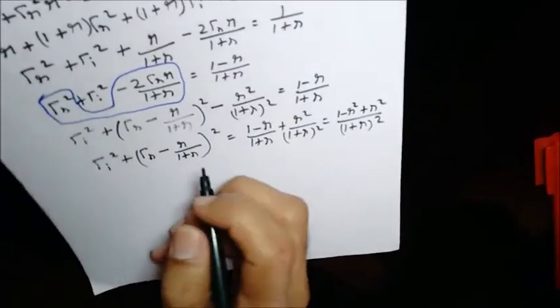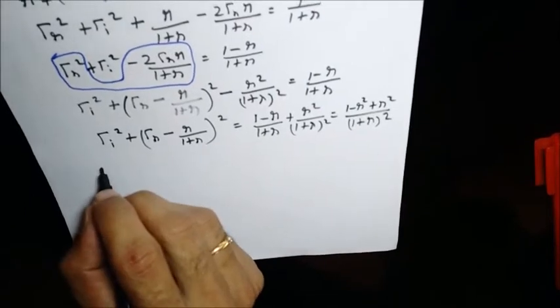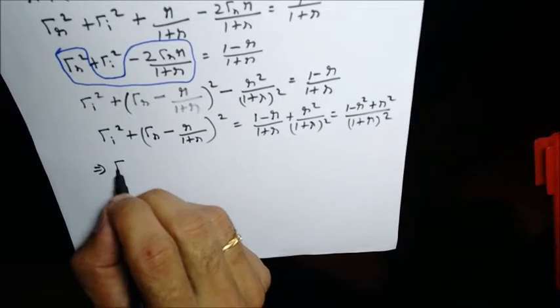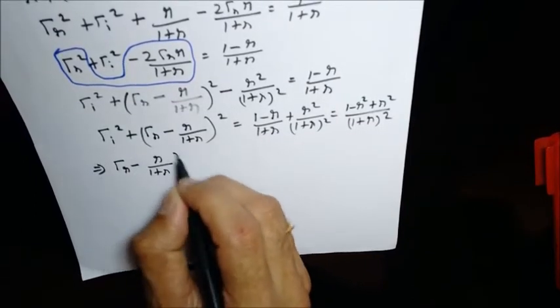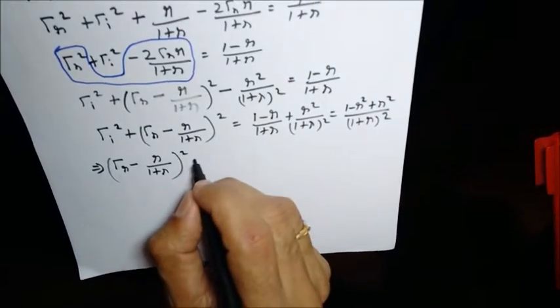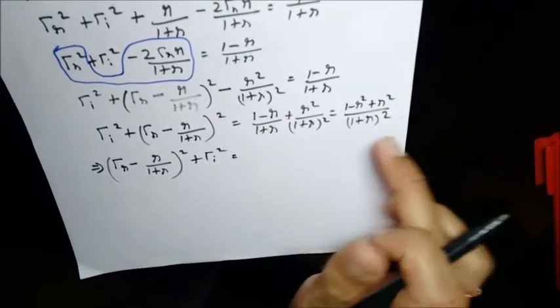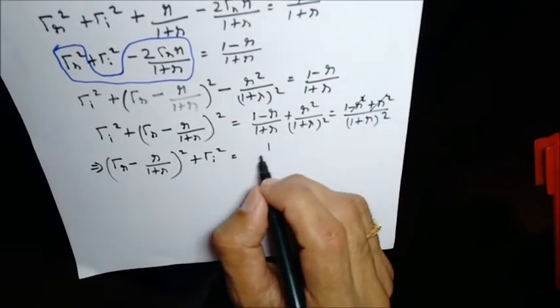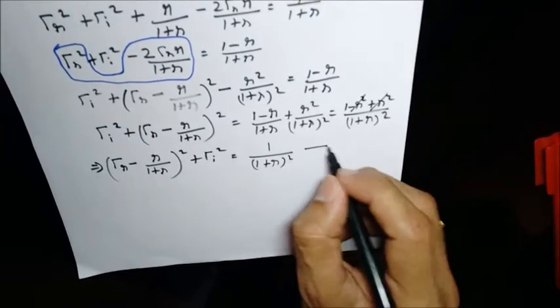It's a very simple step. Now I write, hence all these things I will write now as gamma r minus r by 1 plus r square plus gamma I square equal to the far right term. This gets cancelled and you have 1 by 1 plus r square, equation 1.